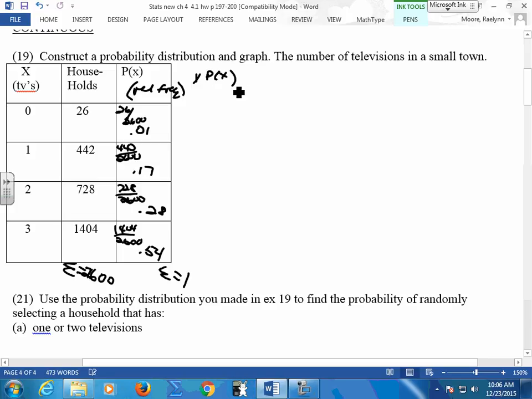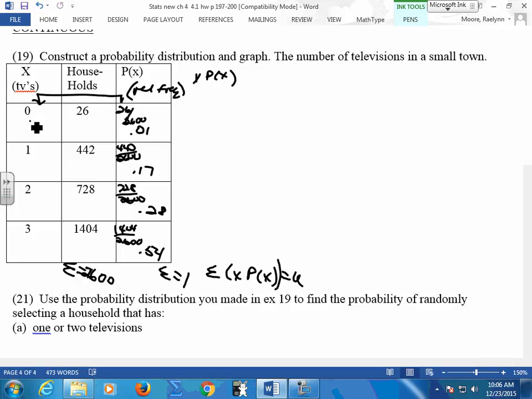You multiply this times this and put it over there, and then you take the sum of it, and that's what's going to give you your mean. Or your calculator, L1, L2, using your decimal. If you use your decimal, you get no sample standard deviation. That's the only difference. Okay?